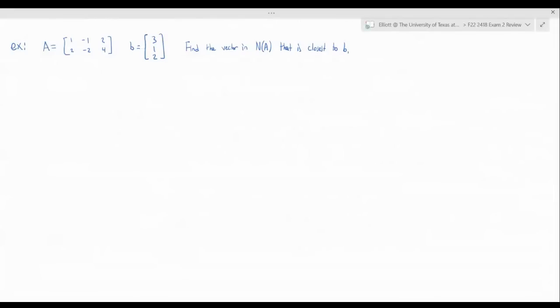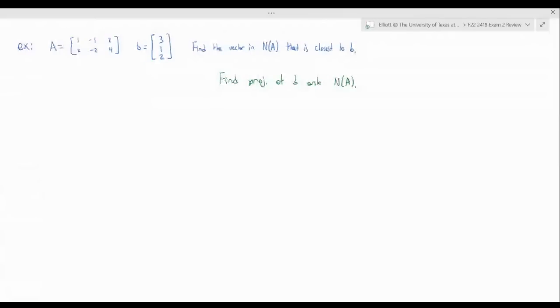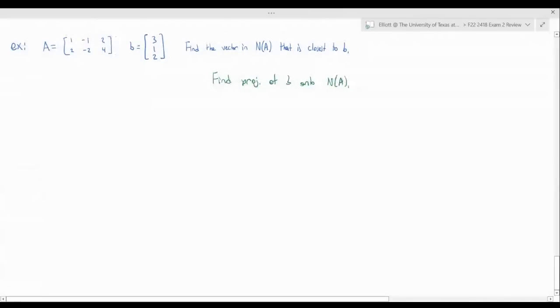So in other words, what we want is we want to find the projection of B onto the null space of A. So to do that, we first need to find a basis for the null space of A.